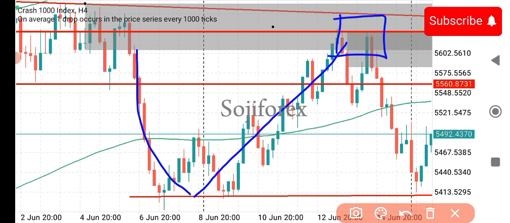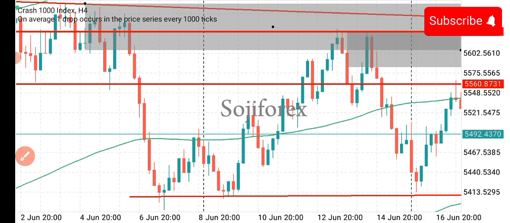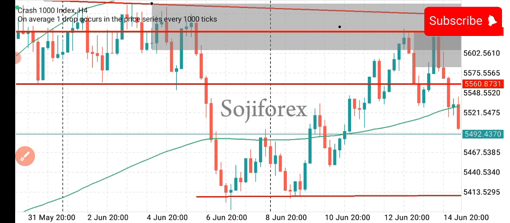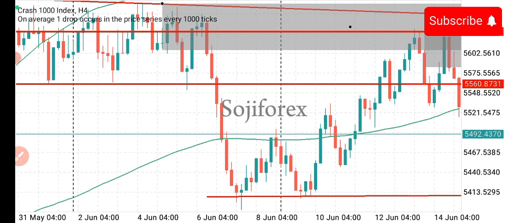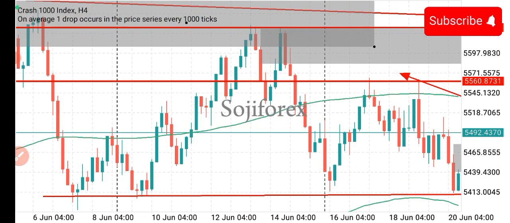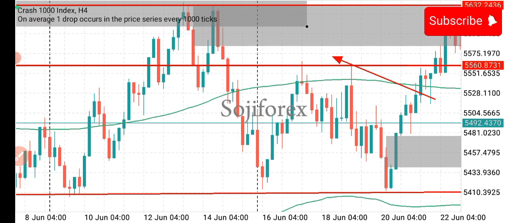You can see it. If you have marked this zone as your resistance, you see how price came, respected it, and began to go to the downside. Why? Because liquidity has been taken by the movement from that zone, and that confirmed it to be a valid zone, and for that reason it was able to reverse price.